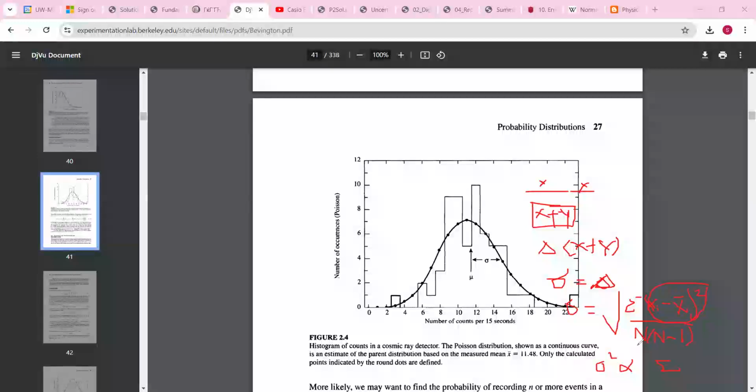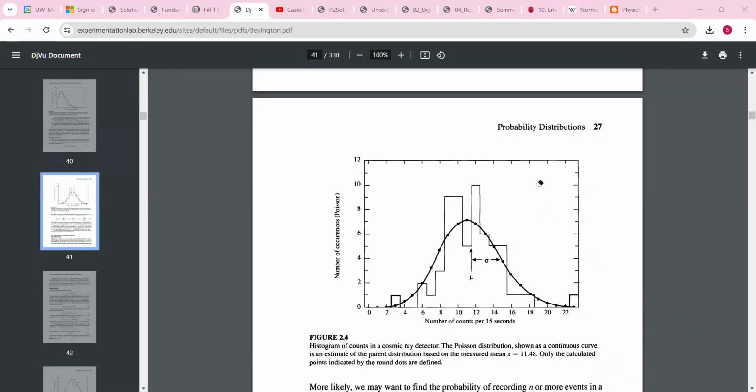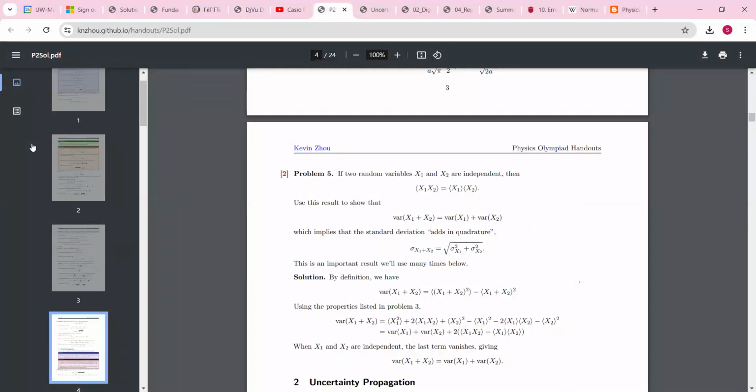So standard deviation is basically square root of some summation of squares. Because of that, when you take two variables, you cannot just linearly add because there is a quadrature term. You have to first square it, do standard variance calculation, and then take the square root back. So that's what this is doing.